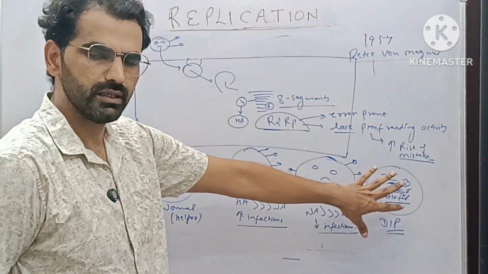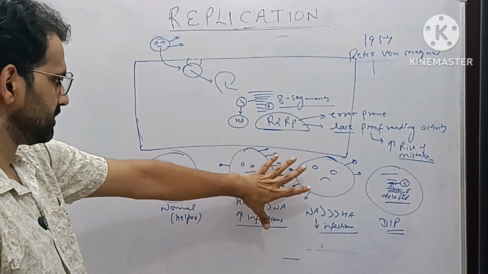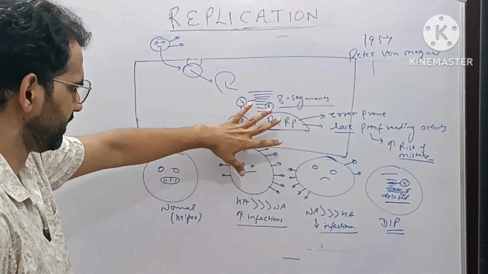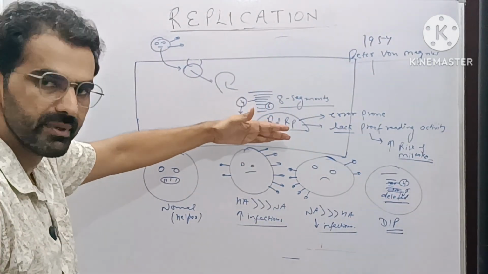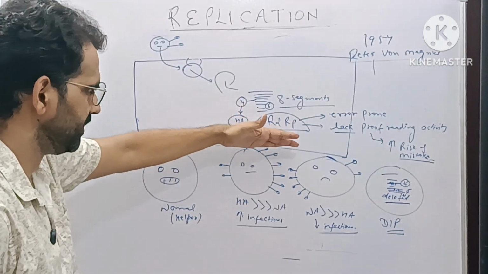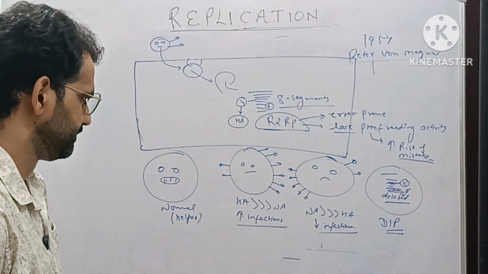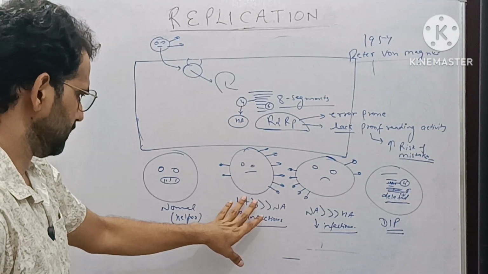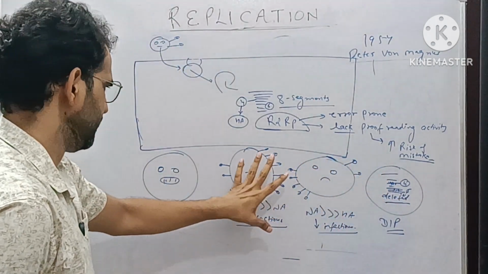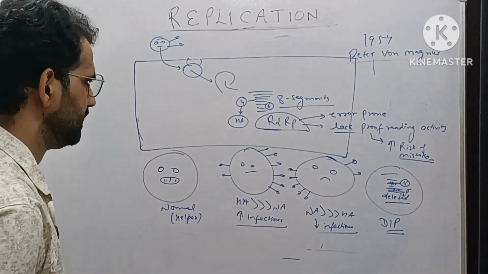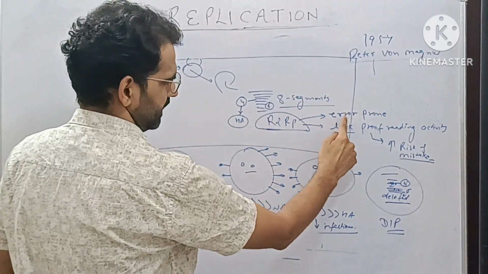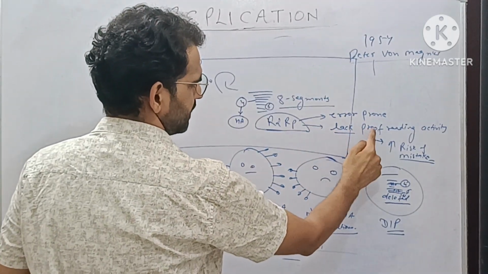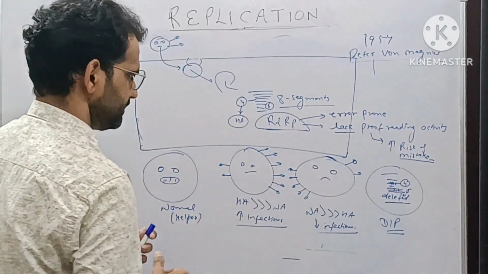Why are these different defective particles formed? Because of some defect at the step of replication. Some defect may occur at assembly, maturation, any of the steps. One reason is the RdRp, which is error prone because it lacks proofreading activity.